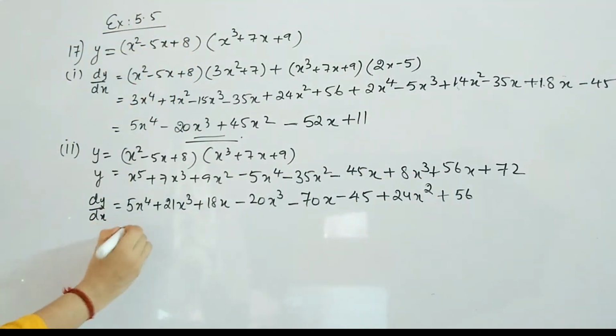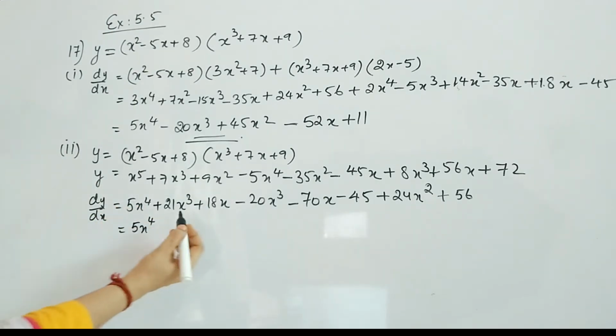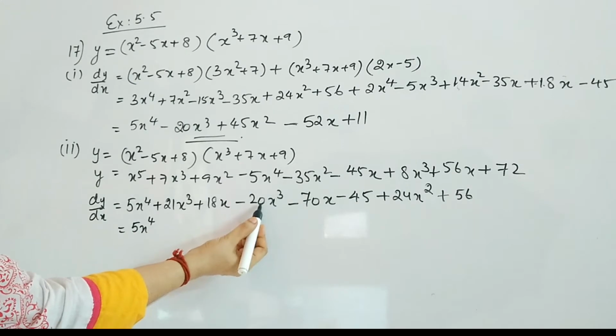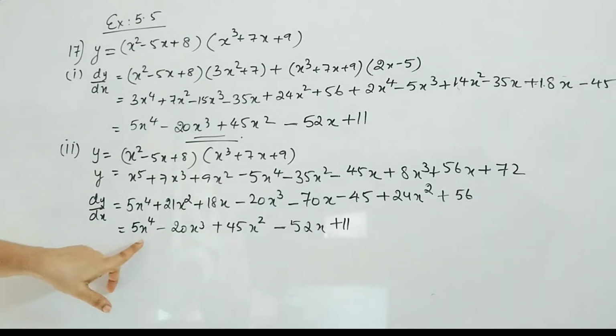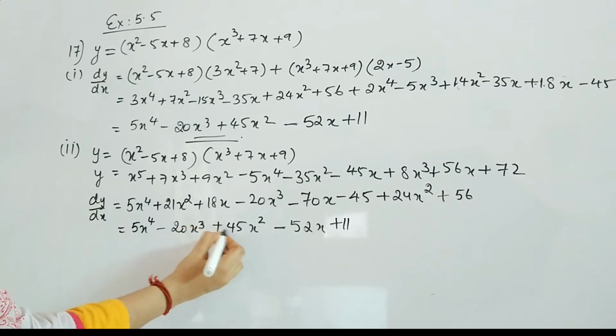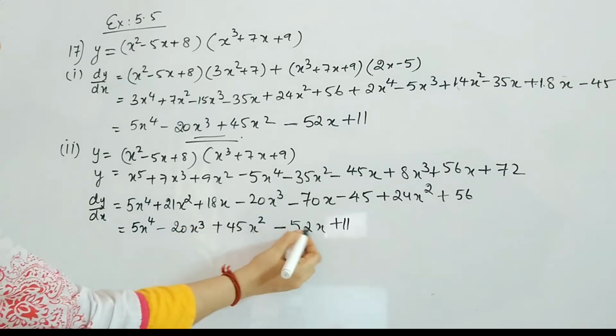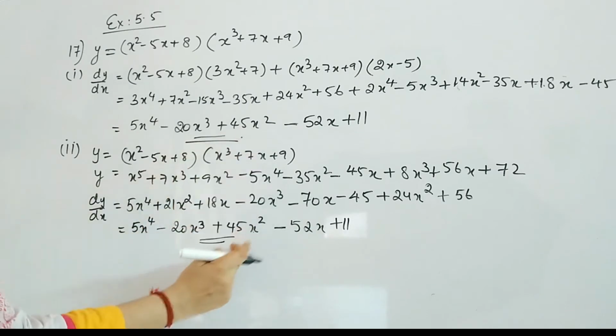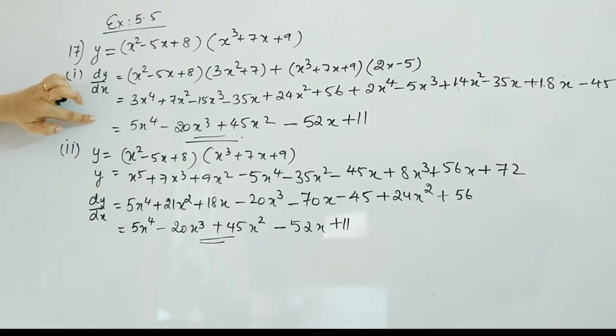Now we can just collect the terms. 5x raised to 4 you have only one term. For x cube you have 21, so you are getting 5x raised to 4 minus 20x cube plus 45x square minus 52x. So this is the same as the answer you got in the product rule. So these two are matching.